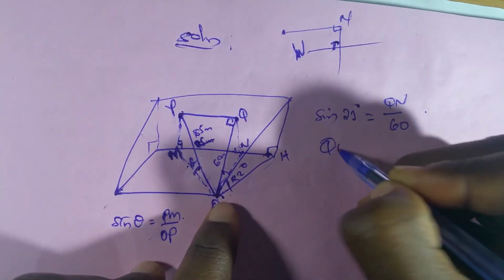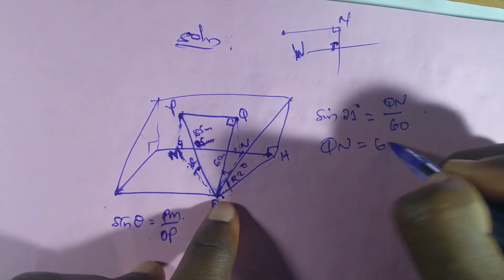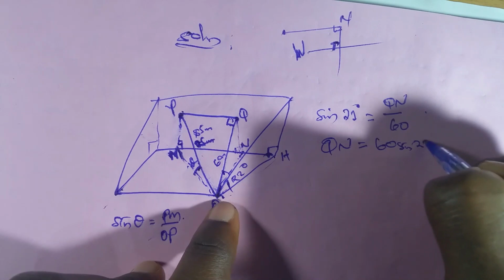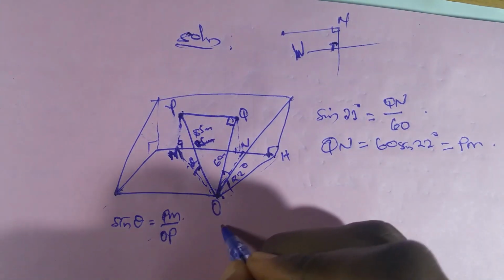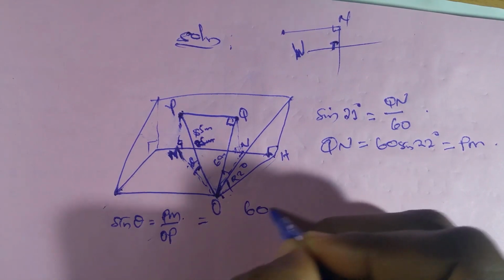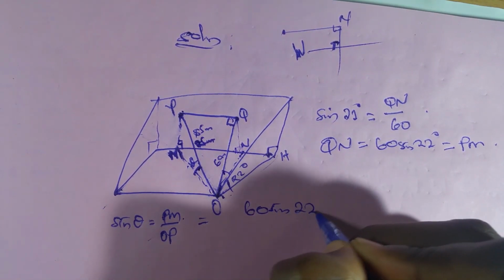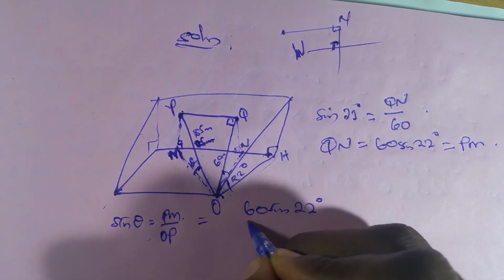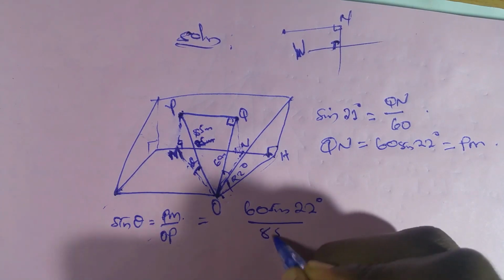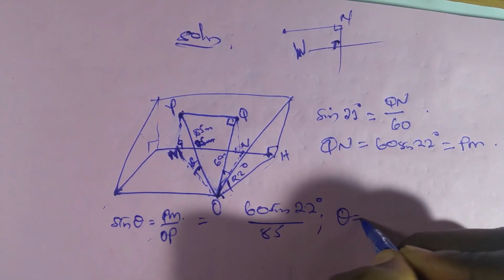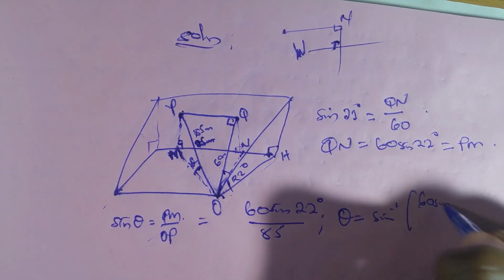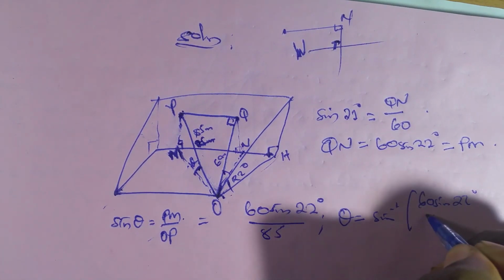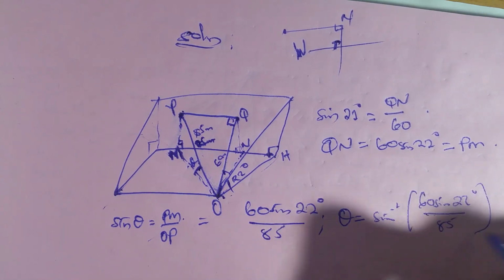Our QN becomes 60 sine 22 degrees, which is the same as our PM. So this is 60 sine 22 degrees out of OP, which is 85. That means our theta is arc sine of 60 sine 22 degrees over 85.